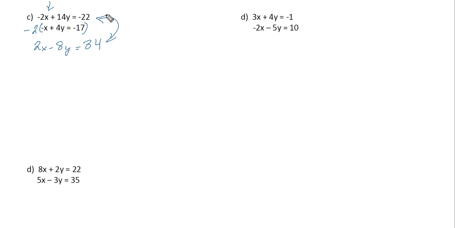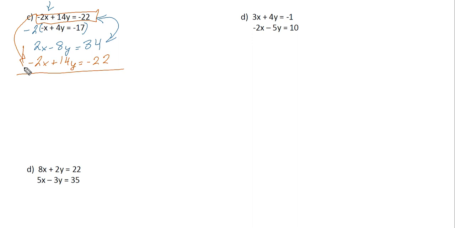So now we're going to combine these two equations. A lot of times I see people just copying this equation down and writing it right underneath. I think that's a good method. You get less confused, and you can see these two equations right beside each other, and it's a little bit easier to combine.